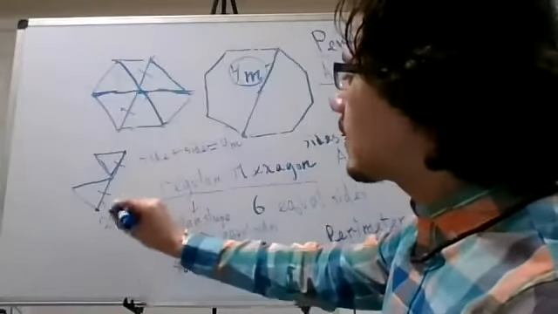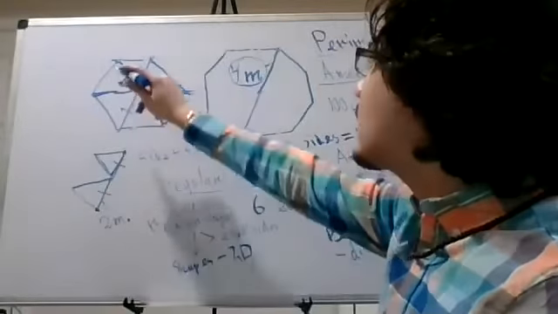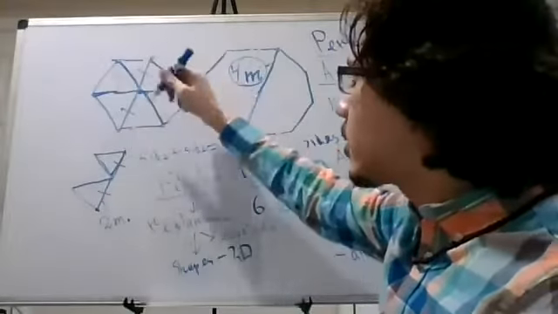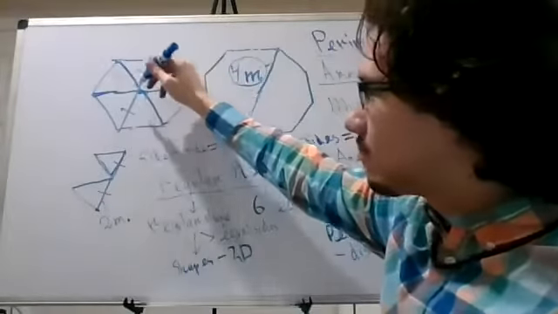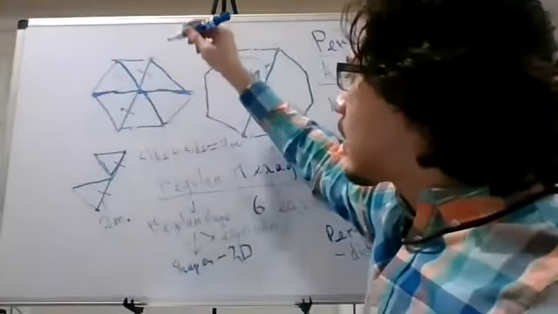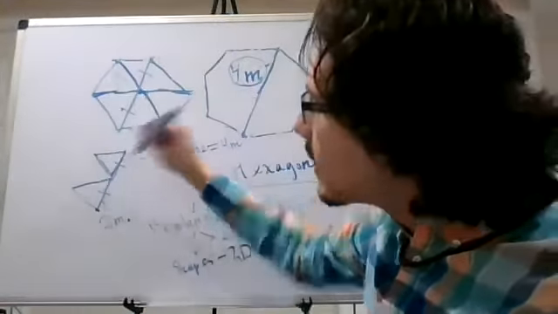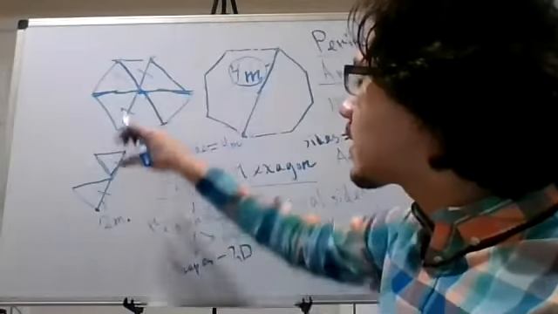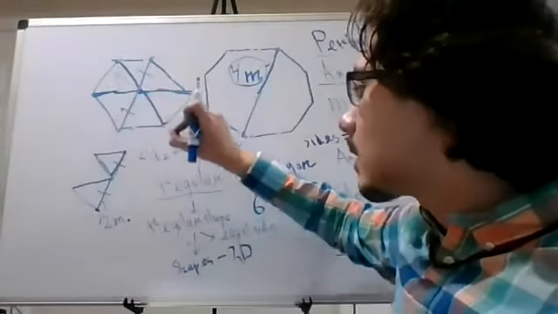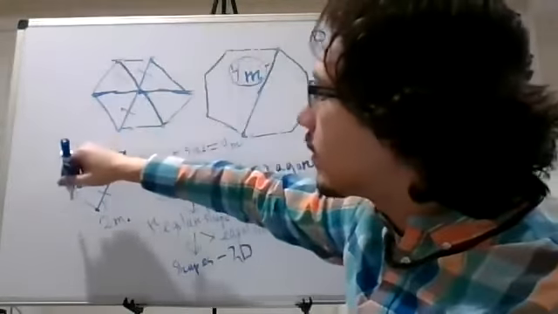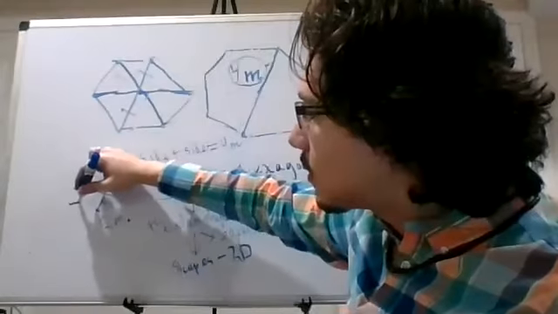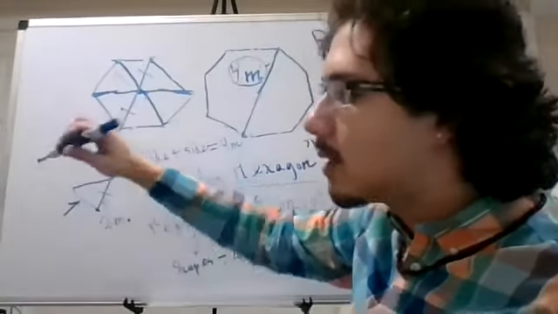So we know that the side of any of these triangles is 2 meters. Let's use this triangle for example. Since this side is 2 meters and these are perfect triangles, does that mean we would know what this side is? Anyone?